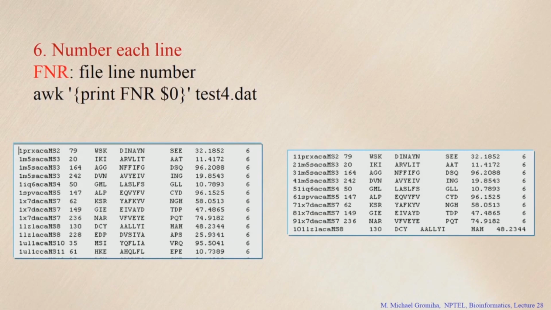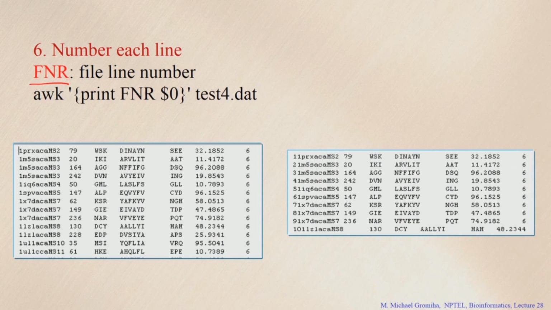Okay. So, now the next question is, I have a file and I want to number each line. In this case, what do we have to do? Here we have the command FNR. FNR gives the file line number, so for each line it will give a number.